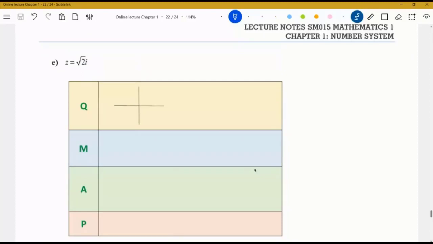We can also write it as 0 real part plus square root 2i, meaning the coordinate is 0 and square root 2. So it lies on the y axis, the imaginary part axis. It should be here, square root of 2. That's the location of the coordinate.